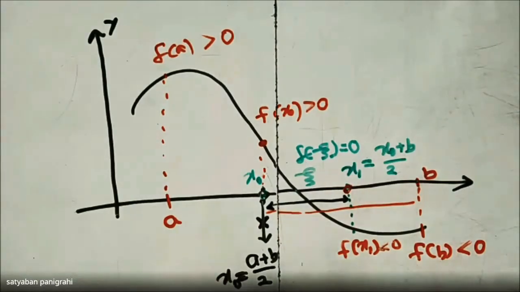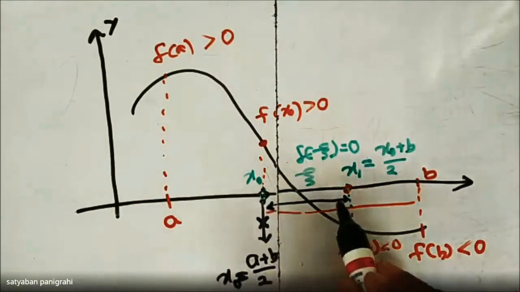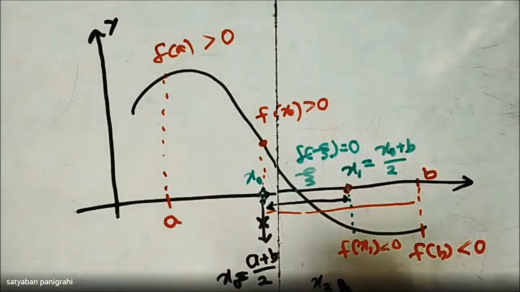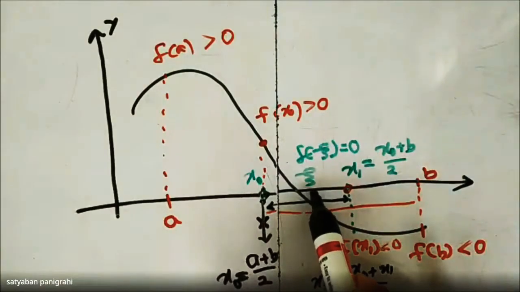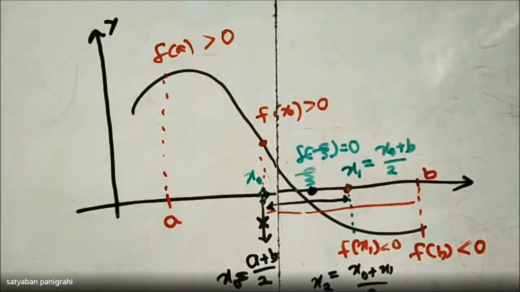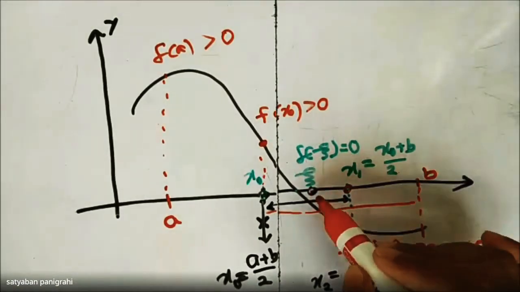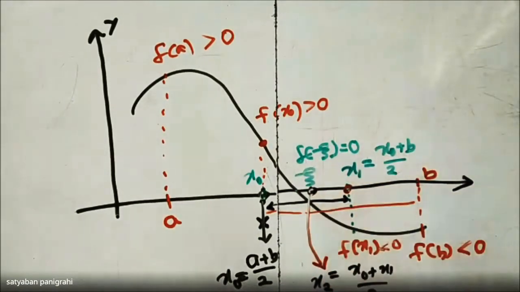Again, in the next iteration, the next value x2 will be x0 plus x1 divided by 2.